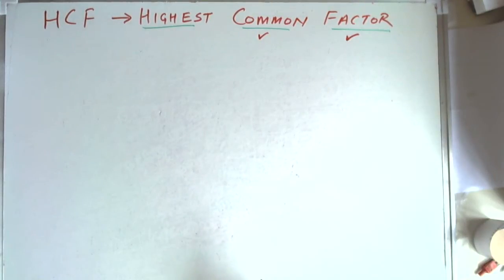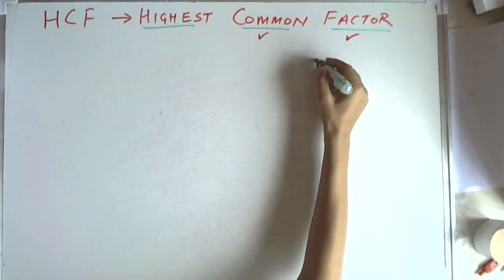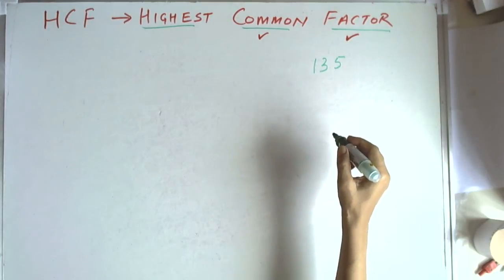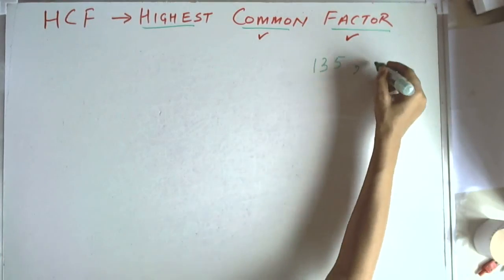It means whenever we are talking of common factor, then it means we are talking of at least two numbers. So at least a pair of numbers. And let us take the example to make this point clear, that we have 135 and 225, two numbers we take.